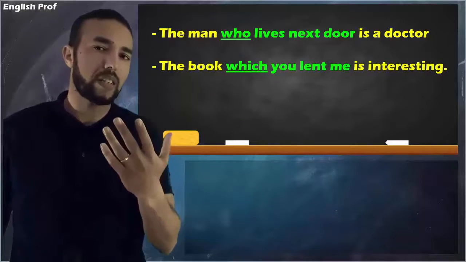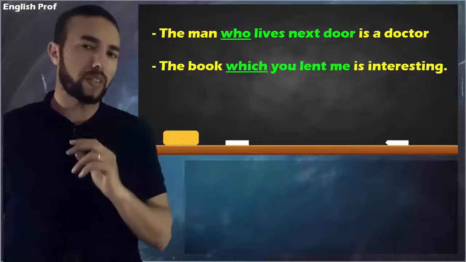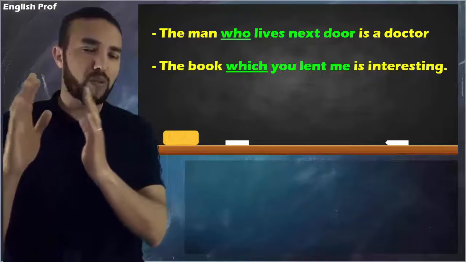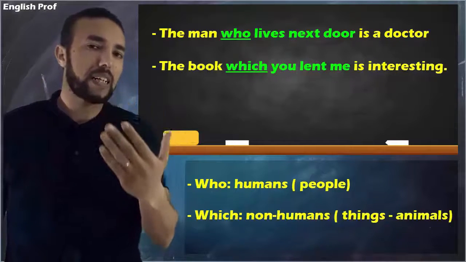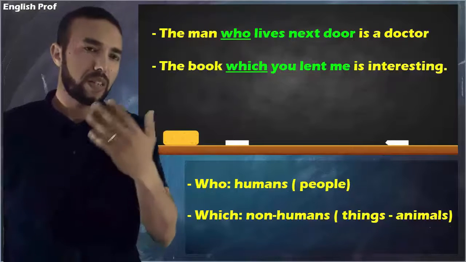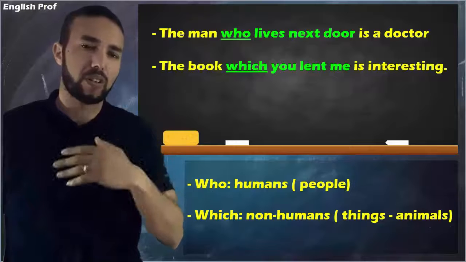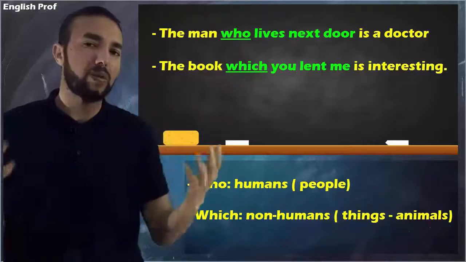Why is it necessary to use who, not which, or the opposite? So what's your conclusion? Who goes for humans and which goes for non-humans. When you say humans, what does it mean? It means people. John, the teacher, Theo, your friend, these are humans.